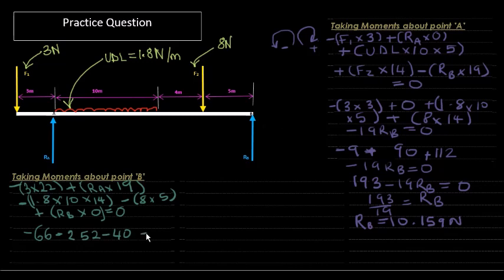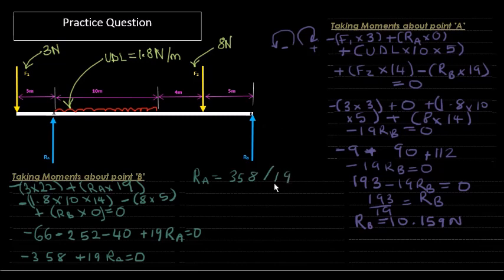If you add up all the numbers, we open the bracket and then we tidy it up, and we're going to have 66 minus 252 minus 40 plus 19 RA is equal to 0, and that will give us minus 358 plus 19 RA is equal to 0.